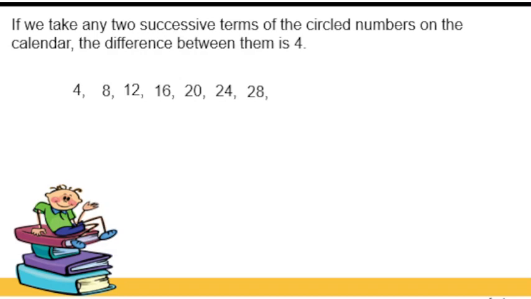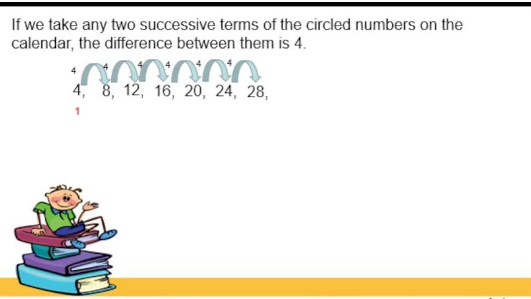Now, again, as I've said, let me subtract 4 from 8, and the difference is 4, same as 8 from 12, 12 from 16, 16 from 20, 20 from 24, and 24 from 28. So the difference is 4.